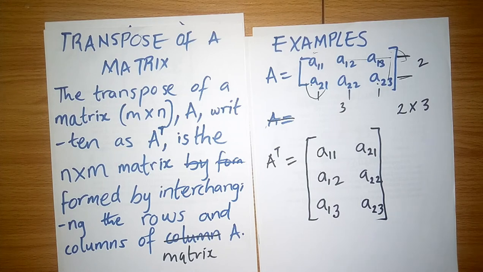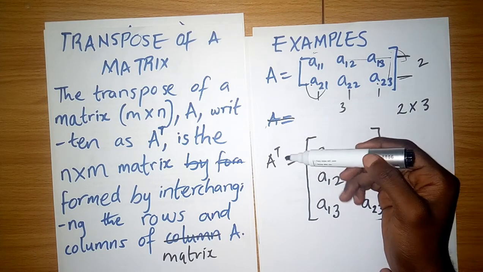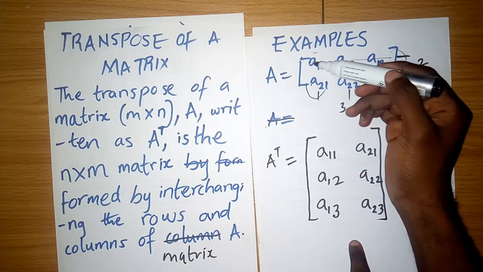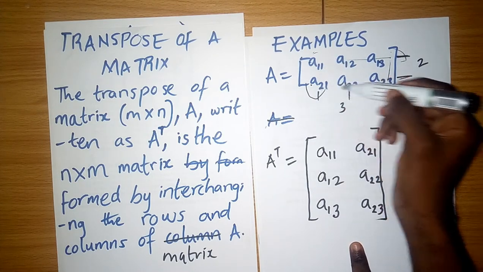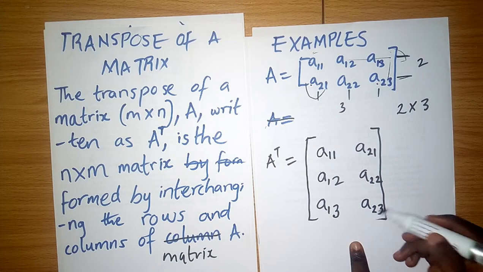Interchanging the rows and columns of matrix A gives us the transpose. And how do we do that? We take row 1 and make it column 1. We take row 2 and make it column 2.